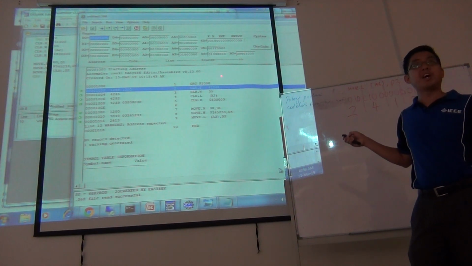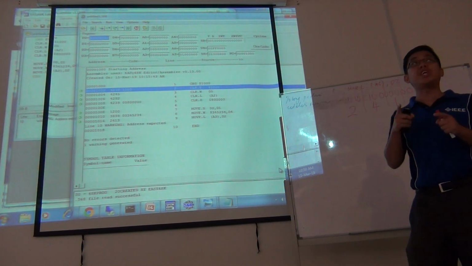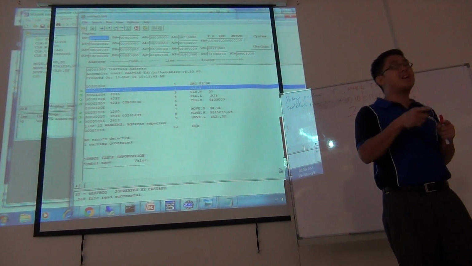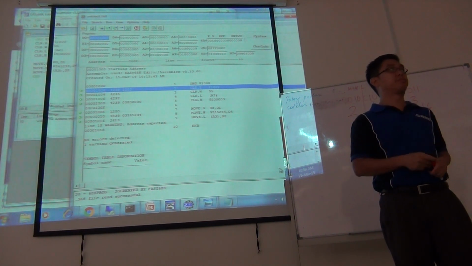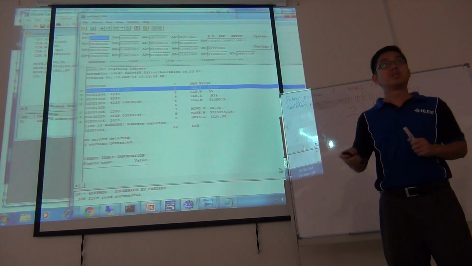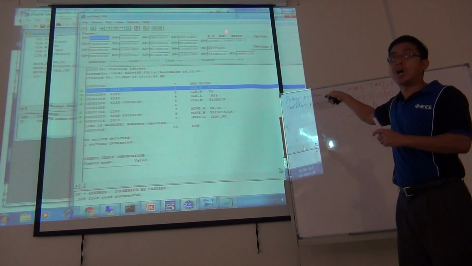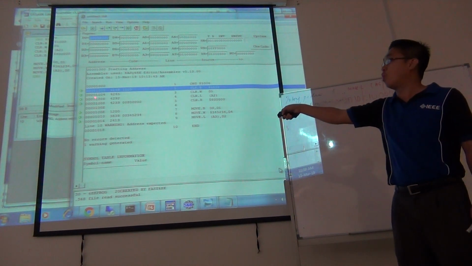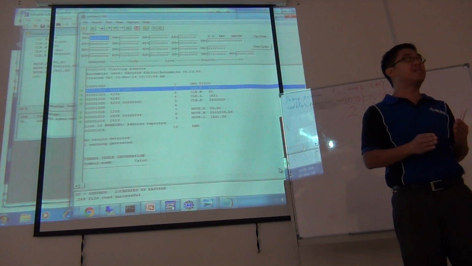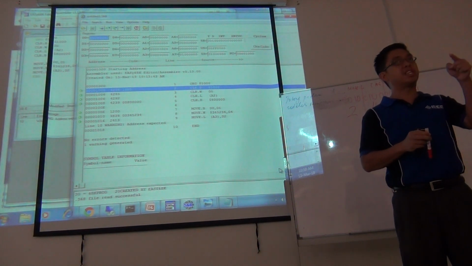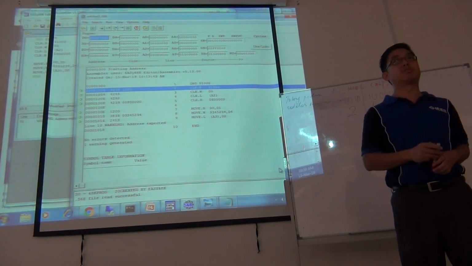In this simulator, the program counter shows you the current location of the memory where it needs to execute. Now this one wants to execute at line 1000. Program counter means that is the location that the PC wants to execute.